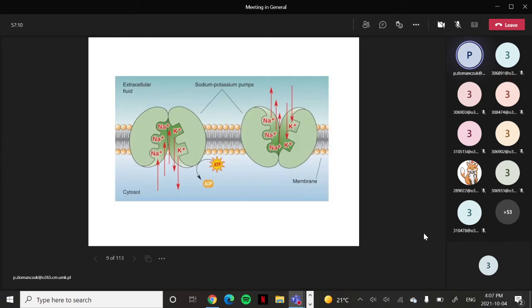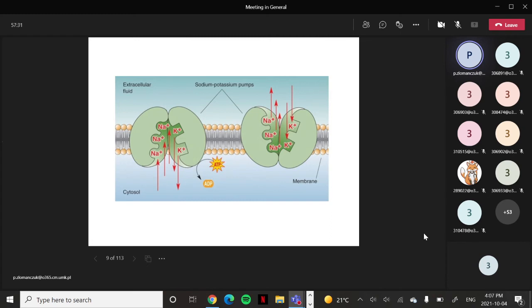The group of proteins probably very well known to you that are involved in this kind of ionic transport across the membrane are ionic pumps. You can see an illustration of how they work on this slide.